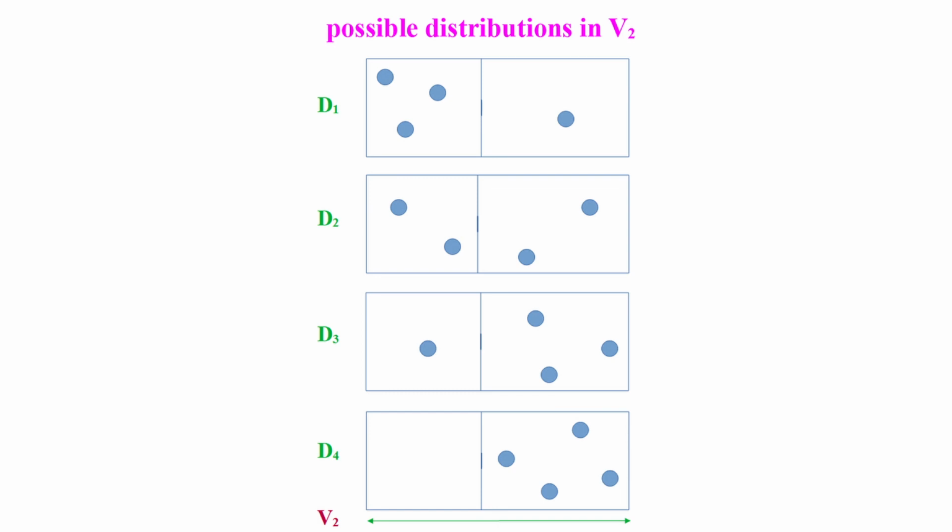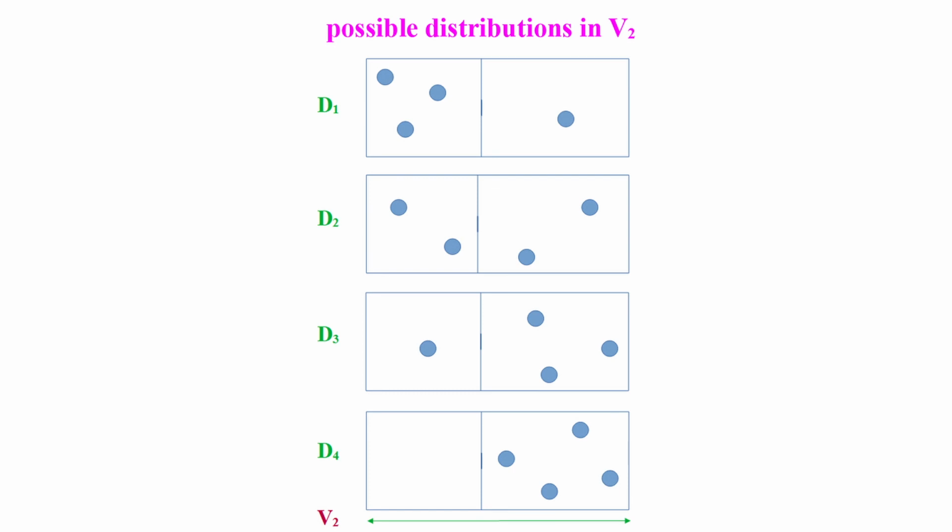In D1, there are 3 particles on the left and 1 particle on the right due to the passage of just 1 particle. In D2, there are 2 particles on each side constituting a uniform distribution. In D3, there is 1 particle on the left and 3 particles on the right.